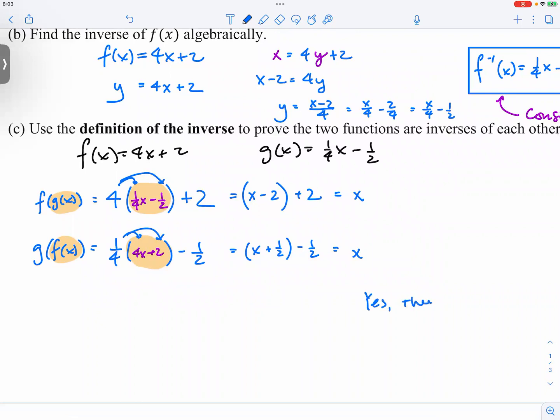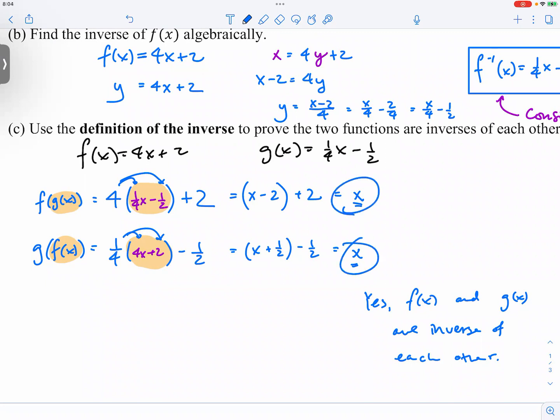And therefore we say that yes, well, actually, let me be more specific. F of x and g of x are inverses of each other. Okay. So to tell whether it's an inverse or not, after you have the composition of the two functions, do you get x by itself?